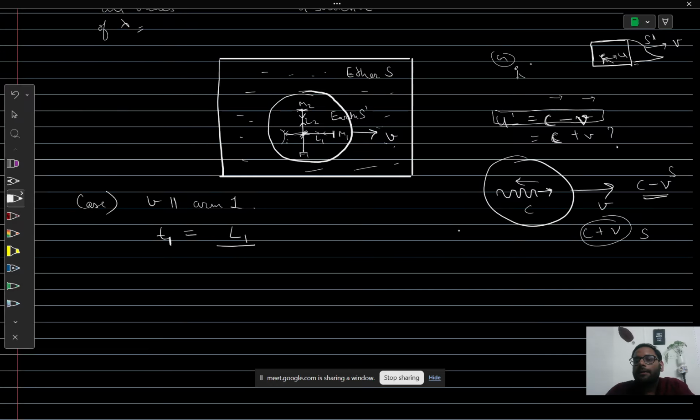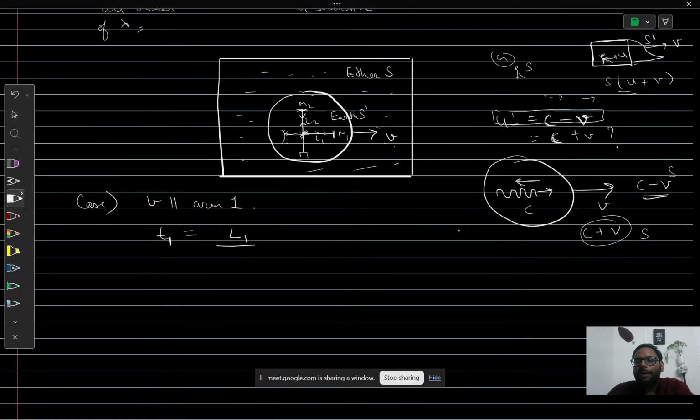In the S frame, he will see this man running with u plus v. Similarly, in the S frame we will see the light moving with c plus v, and in the backward direction with c minus v.